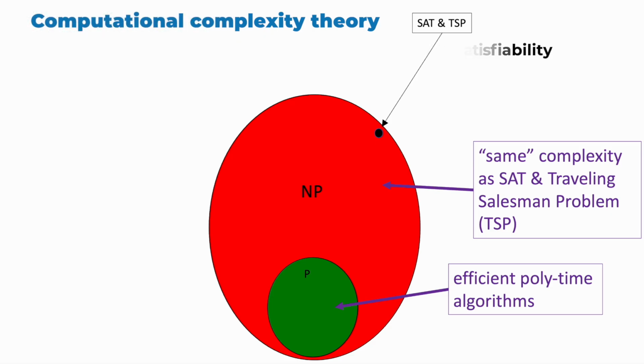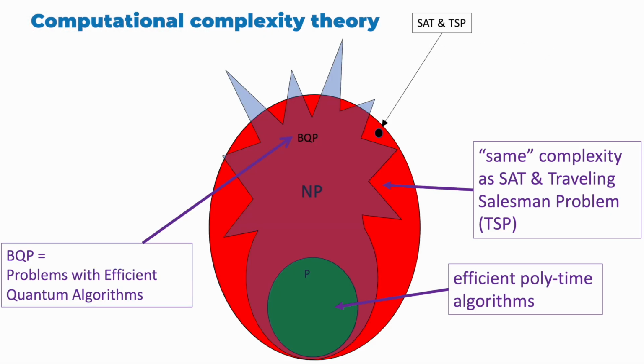And then we now have this new kid on the block, which stands for efficient quantum computation. It's called BQP. It's a class that you see here depicted on the slides, which looks a bit funky. It contains, of course, all the problems that can be efficiently computed on a classical computer, but it contains much more. But it doesn't contain, as far as we think, the traveling salesman problem or satisfiability.